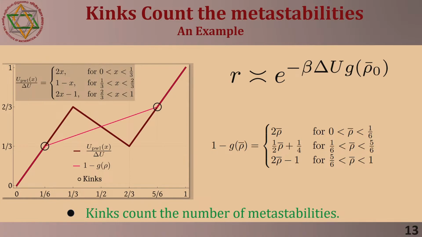Also notice that there are two extremal points of the potential, one here and one here, the maxima and the minima, and there are as many kinks as the number of extremal points in the potential. What it means is, if I can count the number of kinks in g, I know the number of extremal points in the potential landscape, and divided by 2 will give me the number of metastable states in the potential landscape. So this is the message from this slide: if we know the kinks in g, we know the number of metastable states in the potential landscape.